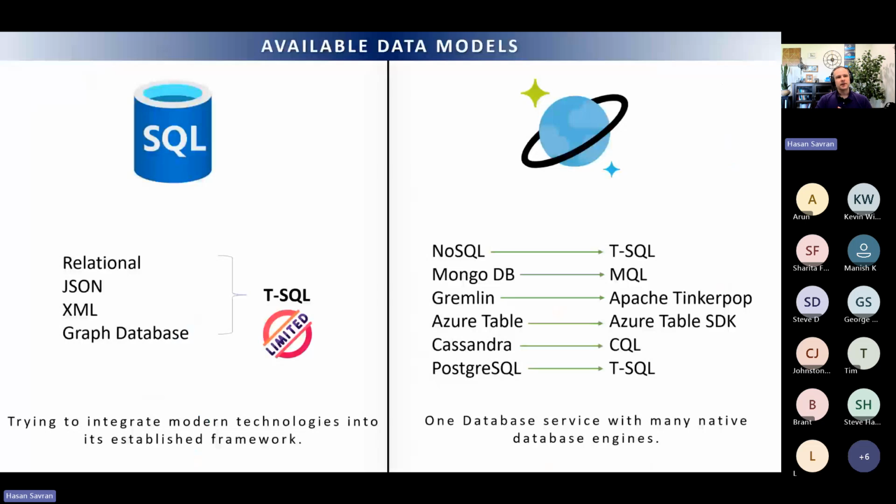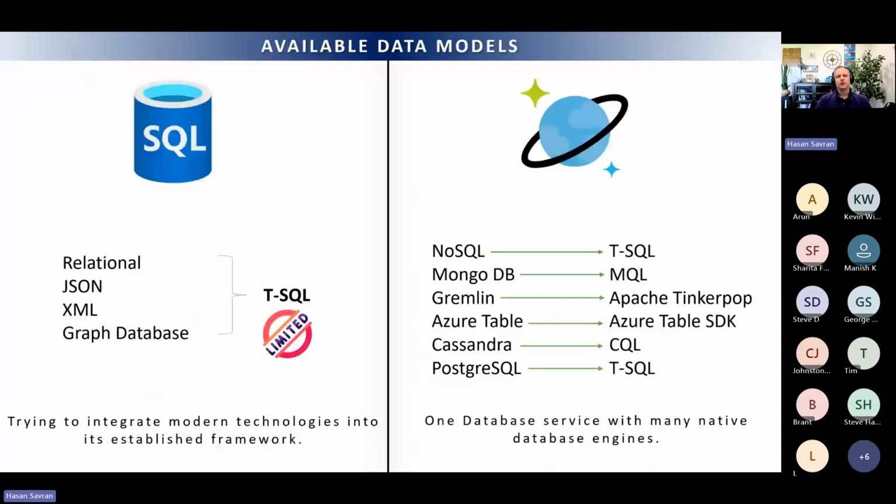In Cosmos DB, as you can see, we have different data models. NoSQL is the core API of Cosmos DB, and its language is very close to T-SQL. So if you know T-SQL, you should be able to master that probably in 2-3 weeks. You will have no problem querying Cosmos DB if you are using the NoSQL API.